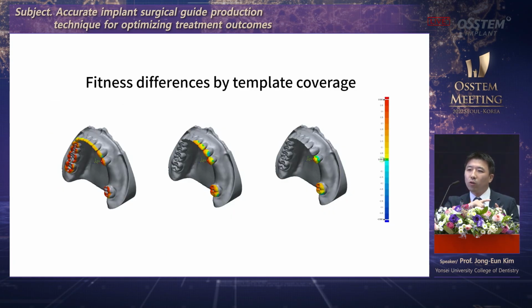Another issue that we need to focus on is how long we are going to extend it. The more it is extended, the better stability you can get. But it needs to be adapted for all teeth, so the longer the guide, the harder it is to get the right adaptation.